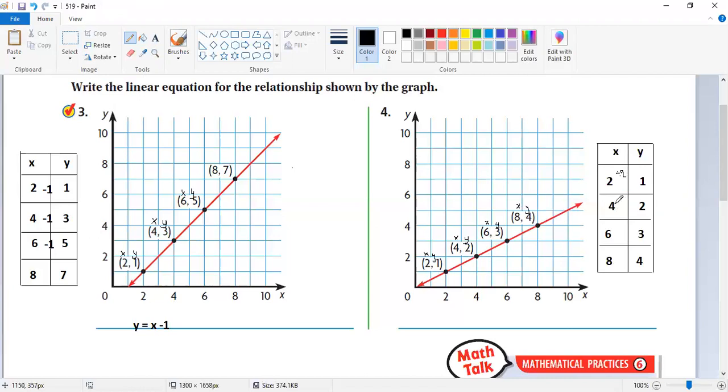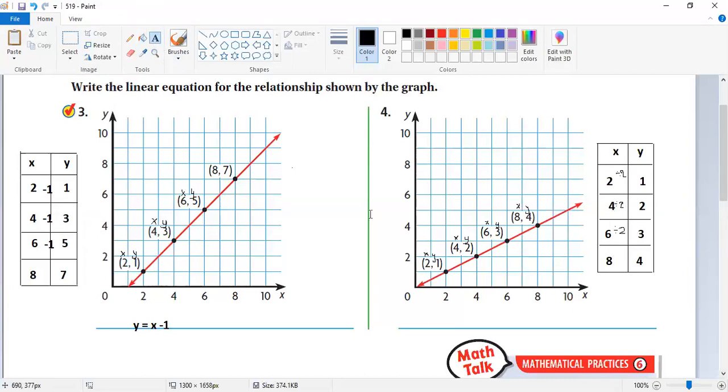Is the rule the same for 4? 4 divided by 2, will that give you a 2? Yes, it will. Is 6 divided by 2 going to give me a 3? Yes, it is. So the rule for this table is going to be divided by 2.